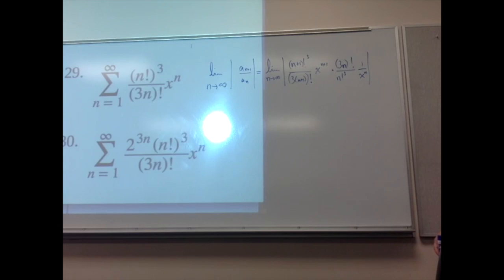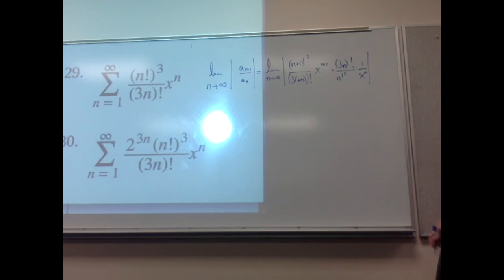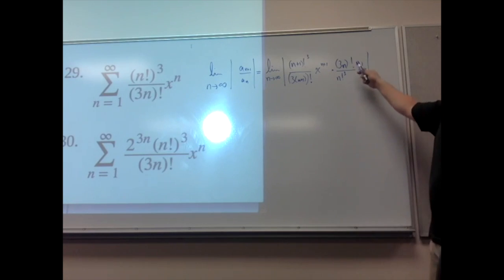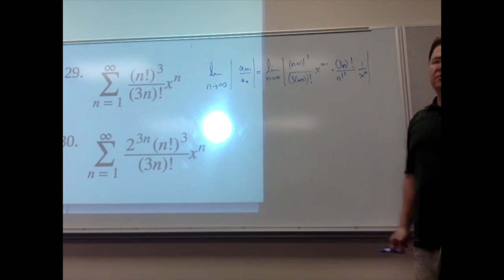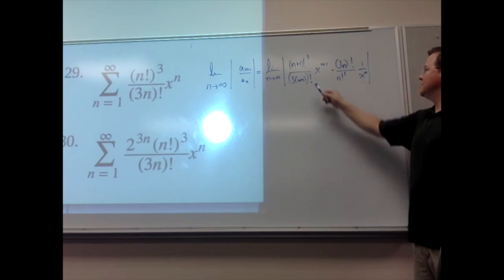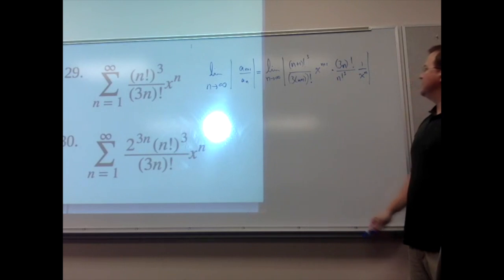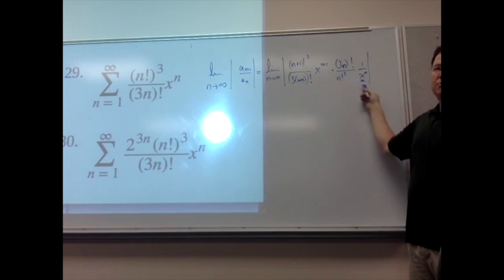That's a mess. But the advice I gave you yesterday was to group things together that go together. We have 4 factorials floating around, but these two go together because they're both cubed. These two go together because they both have that 3 on the inside. These go together because they both have an x.